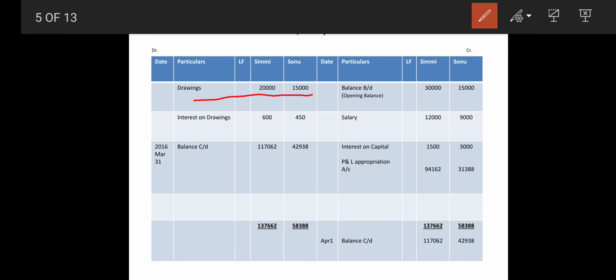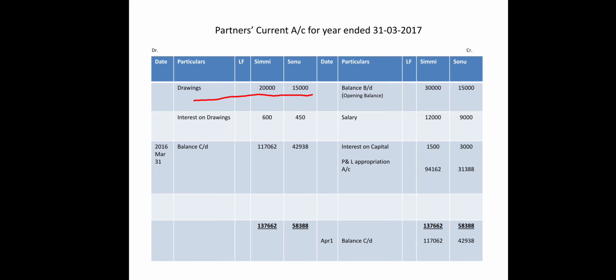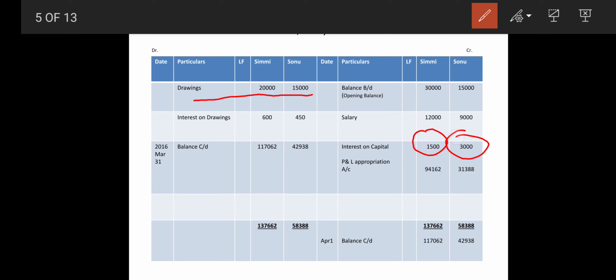Then comes the next item, interest on capital. It is very easy for you to calculate interest on capital. 30,000 at the rate of 5% gives you 1,500, and 60,000 at the rate of 5% gives you 3,000.